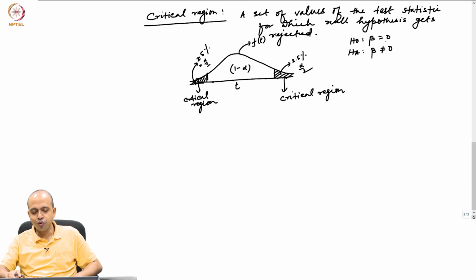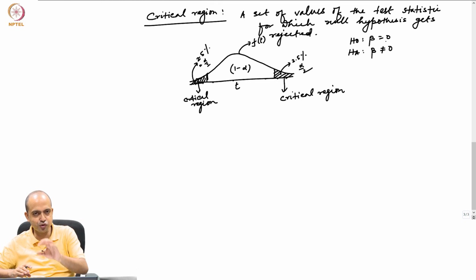That is why when your alternative hypothesis is a composite one like not equals to 0, your critical regions lie on both sides. And since the T distribution is symmetric, the area is the same in the right side as well as in the left side. So, it is alpha by 2, and this is also alpha by 2.